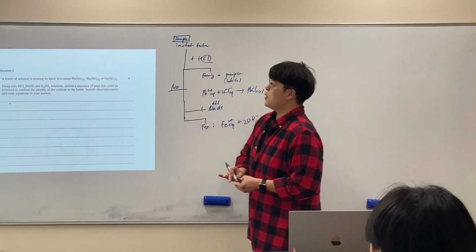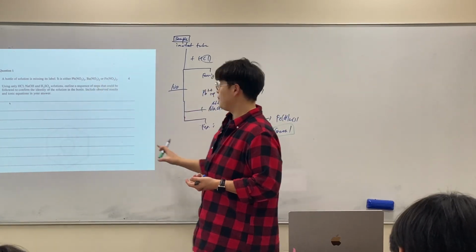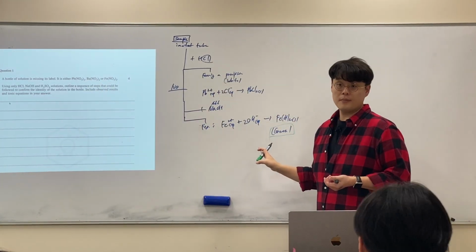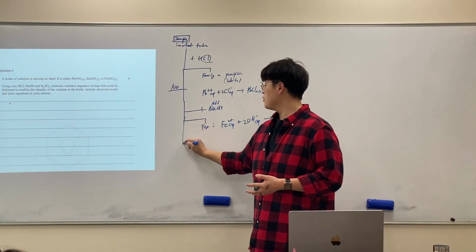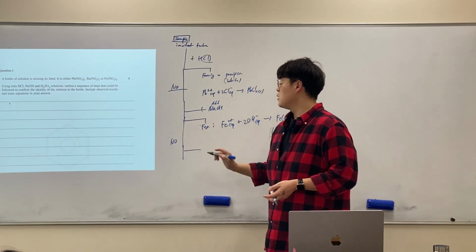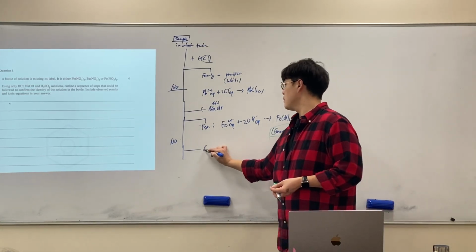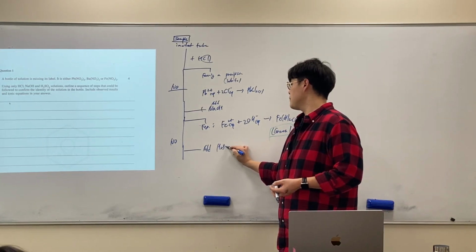What about the barium? Barium would not form a precipitate with the hydroxide, does it? No, barium doesn't form one. So if no, move on to the next. You add sulfuric acid.